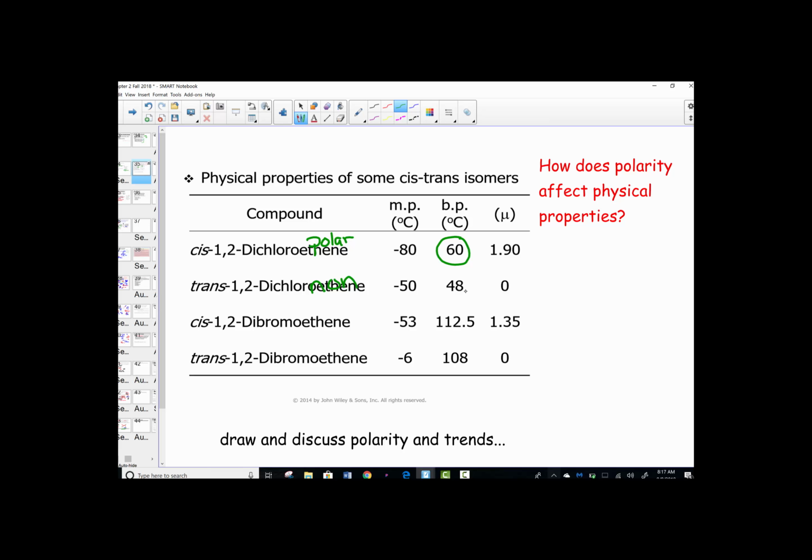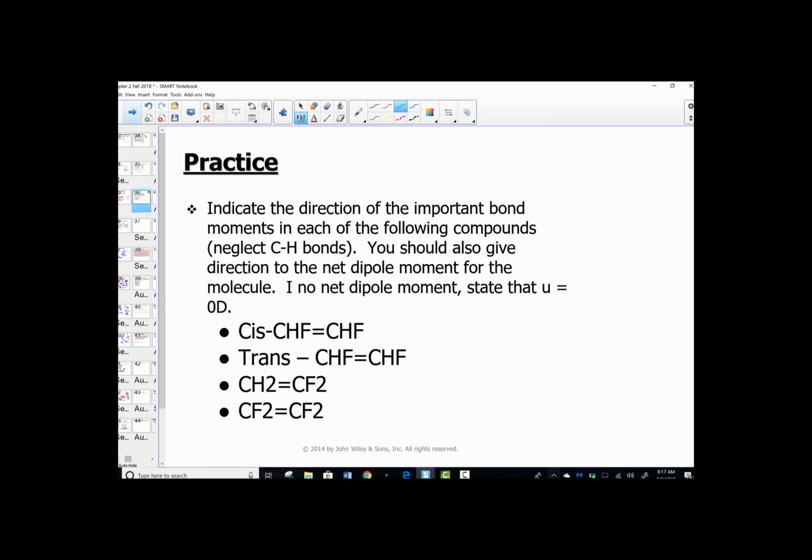It takes less energy to convince molecules that are not attracted to each other to let go and form a gas, and so forth. So that's the strategy we're about to take a little look at and decide how these intermolecular attractions affect things like boiling points, melting points, and so forth.